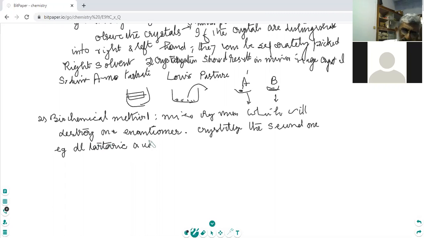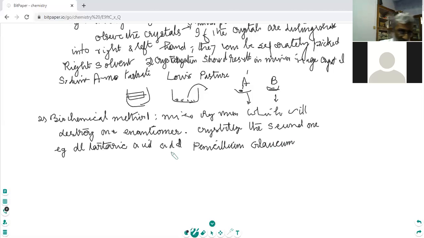You take DL tartaric acid and add the mold Penicillium glaucum to it.